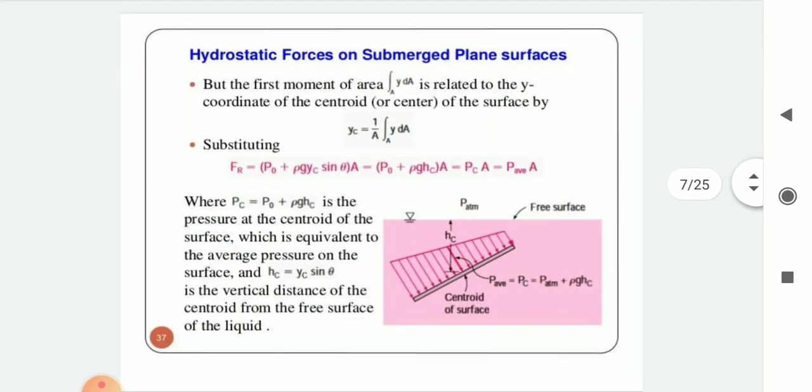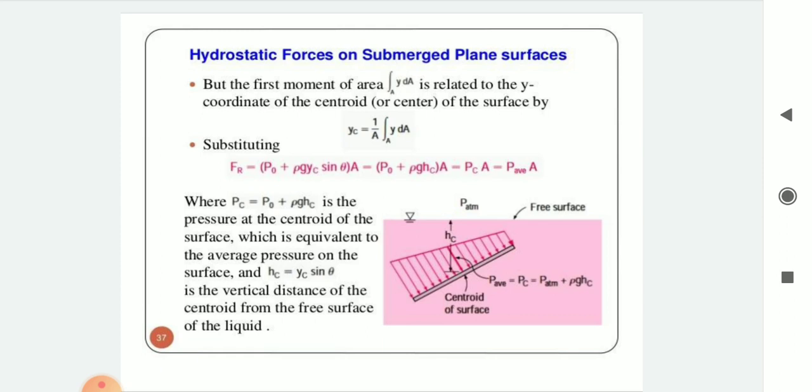But the first moment of area, the integral of y dA, is related to the y coordinate of the centroid of the surface by yc equal to 1 divided by A times the integral over A of y dA.